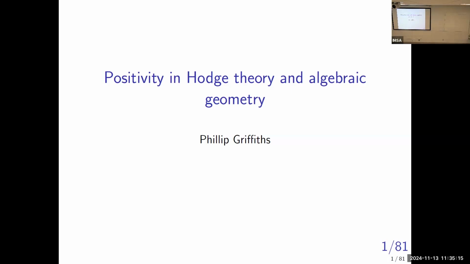The use of curvature in algebraic geometry is not so common nowadays. There's a very active group who work on refining vanishing theorems using curvature arguments with singular metrics, things like that.